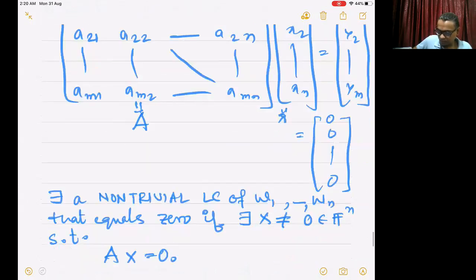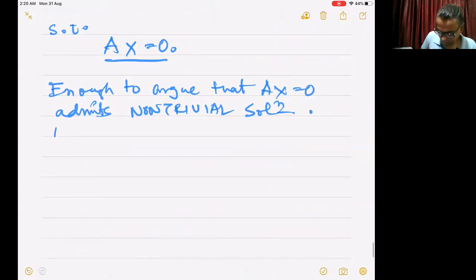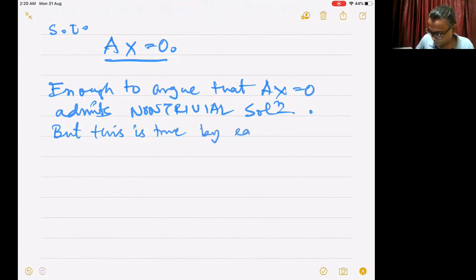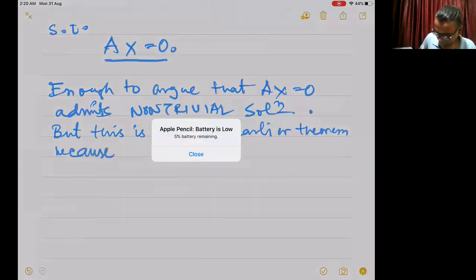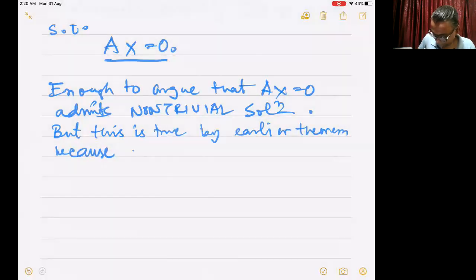So this is true by the earlier theorem because M is strictly less than N. So this completes the proof.